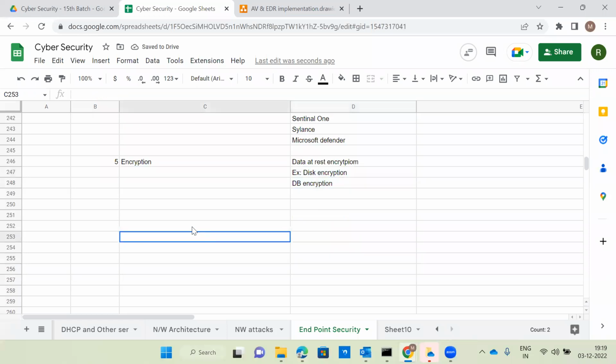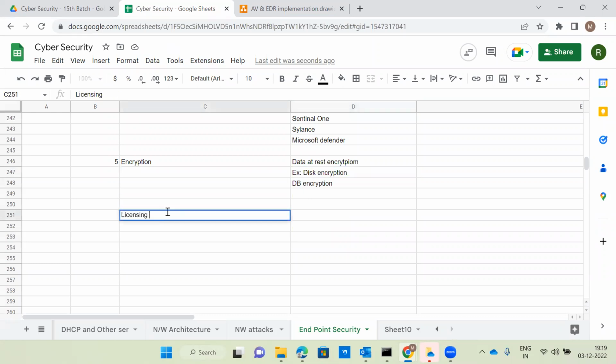Now, what is the licensing option for disk encryption? Licensing is based on the number of endpoints.